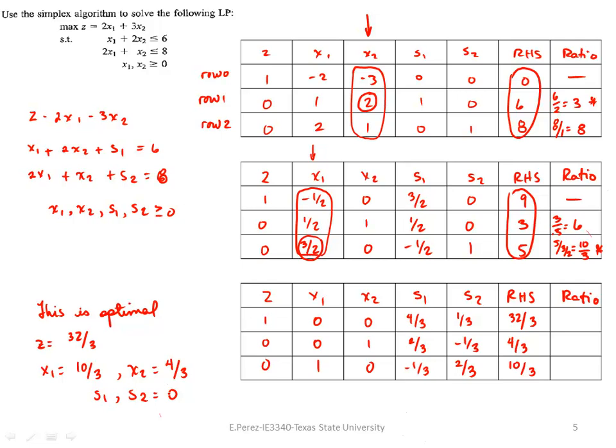Remember, you have to look at the coefficients here. These 1, 0, 0 represent x1. So that means that x1 equals 10/3. x2 is represented by this column in the second row. x2 is going to be equal to 4/3.